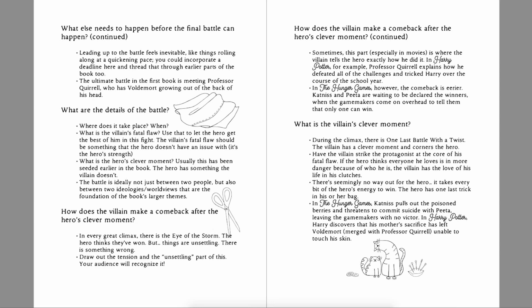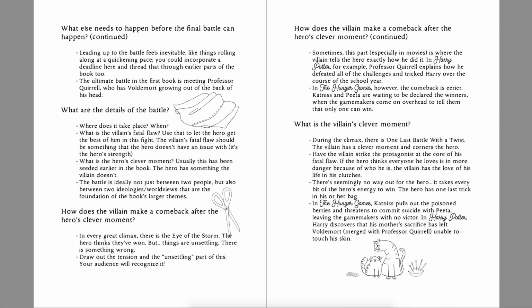They threaten to commit suicide and leave the game makers with no victor. Because of that, the game makers say, okay, just kidding, you can both win. And so they're able to manipulate the game makers into declaring them both winners.